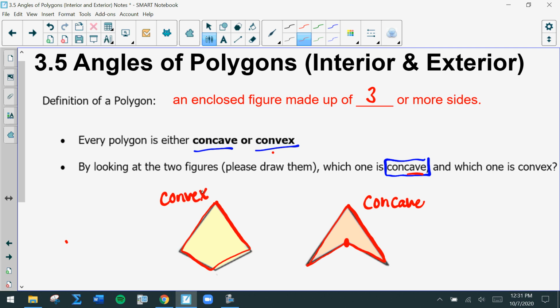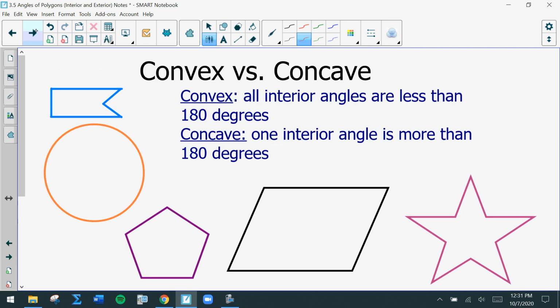So the definitions of concave and convex are as follows. Convex: all interior angles are less than 180 degrees. So this would be convex. And for a concave figure, one interior angle is more than 180 degrees.